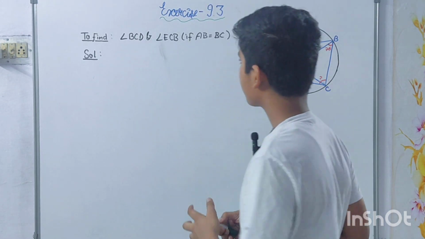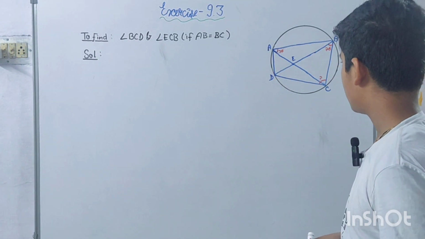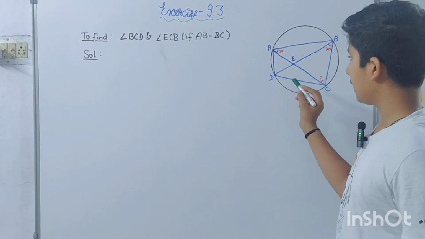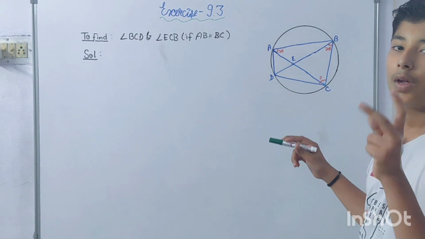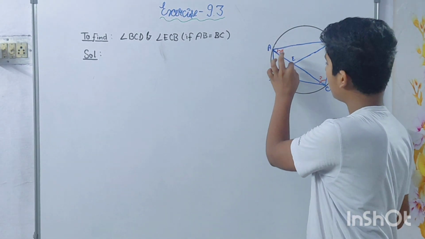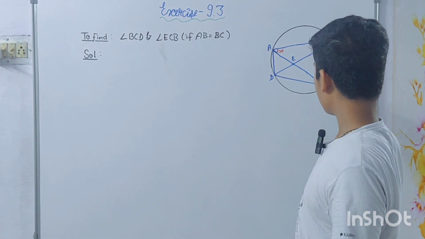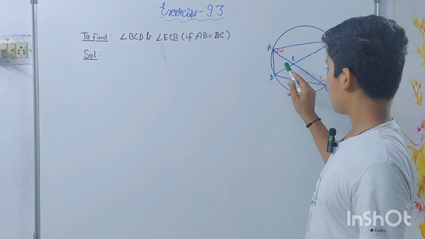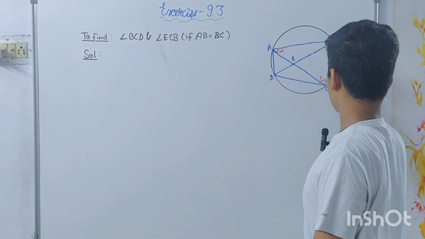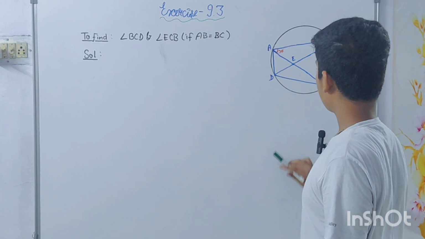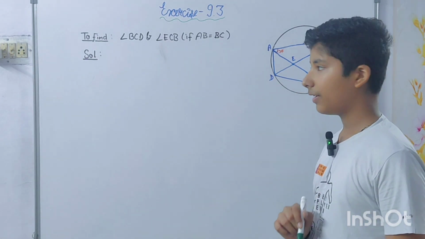So let's see. In this sixth question, it is given that ABCD is a quadrilateral whose both diagonals are intersecting at point E. Angle CAB is given as 30 degrees and angle DBC is given as 70 degrees.